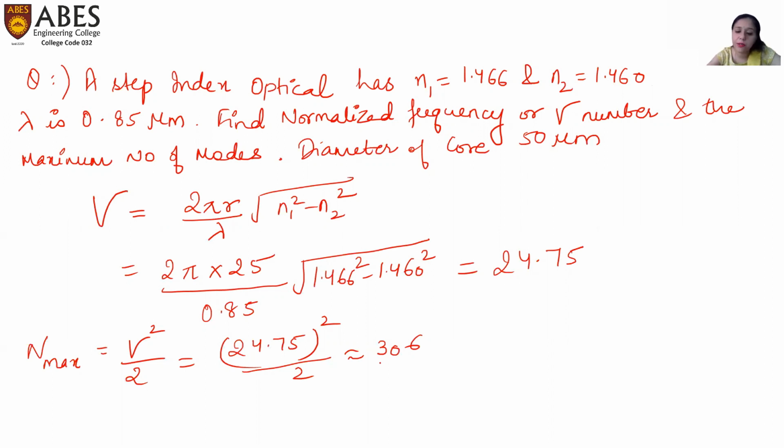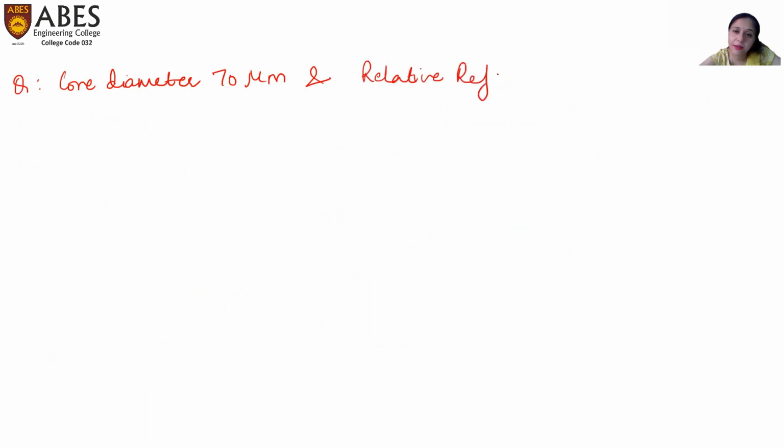Doing one more question. The core diameter is given in this case. So what is core diameter? It is 70 micrometer, and relative refractive index difference, in terms of percentage this time, is 1.5%.